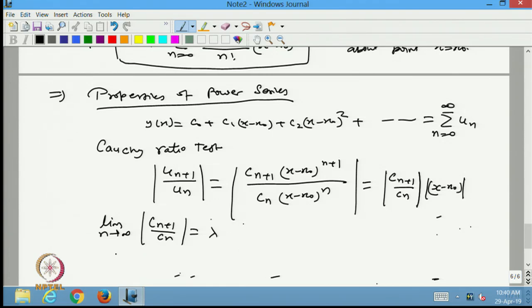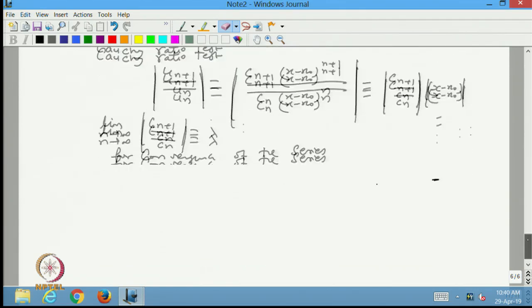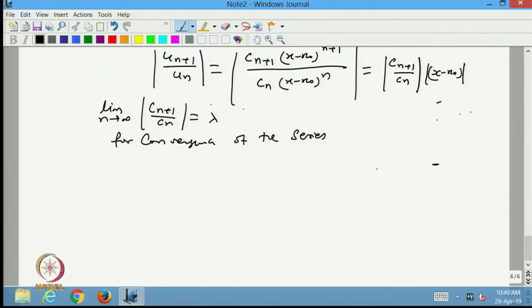So, from here, for convergence of the series, this will be lambda times modulus of x minus x naught less than 1, because I know that if the ratio is less than 1 as n tends to infinity, then it will be convergent.